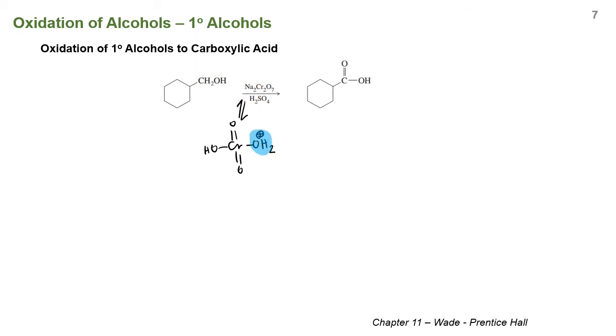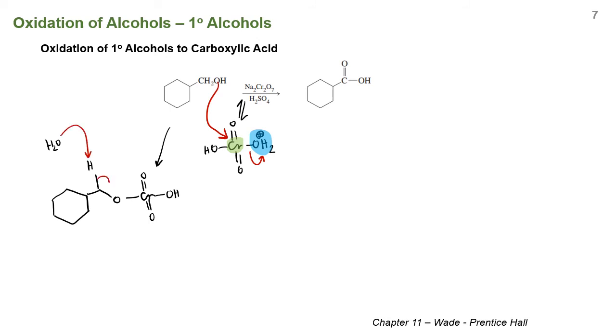The chromium here is electrophilic, and therefore the oxygen can attack this chromium, kicking out water and losing the proton in order to form this species, which can eliminate the proton, kicking out the chromium as a chromium 4 species, and then you get the aldehyde.